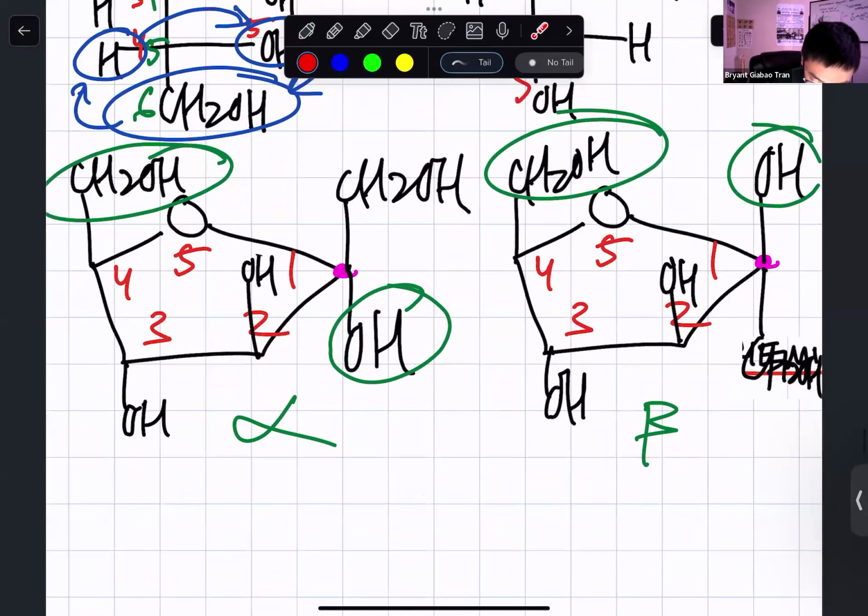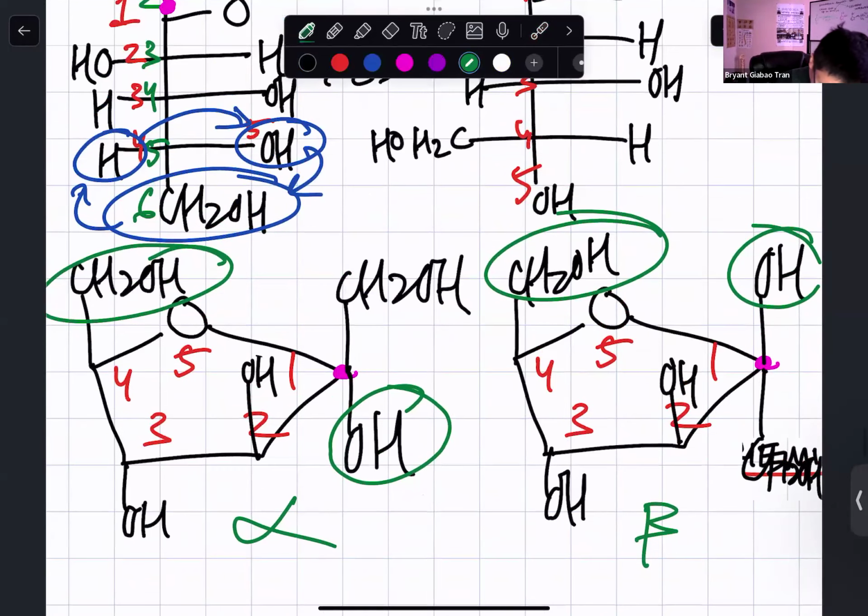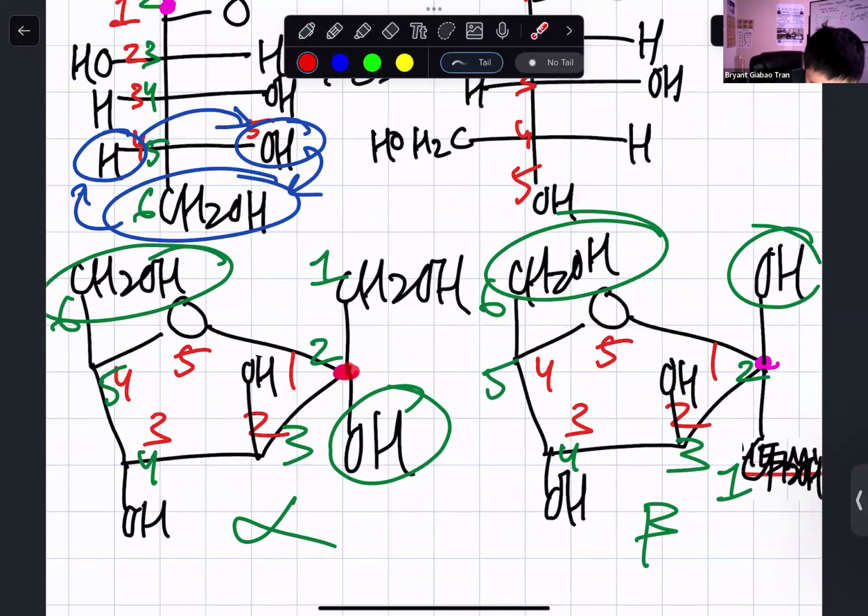The important thing I wanted you to know here is that the red numbering system is how I close the ring. The actual nomenclature here is that this is carbon 1, carbon 2, carbon 3, carbon 4, carbon 5, carbon 6. For ketoses, the anomeric carbon is carbon 2.